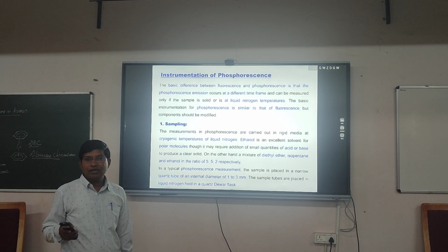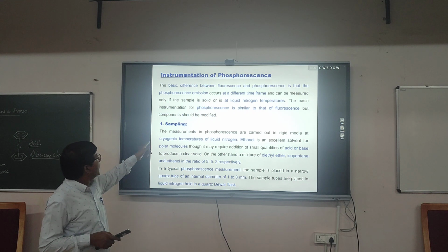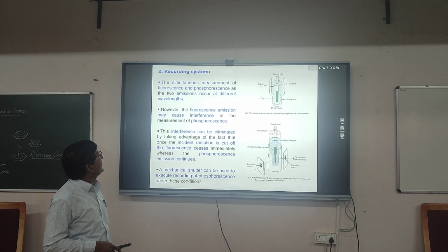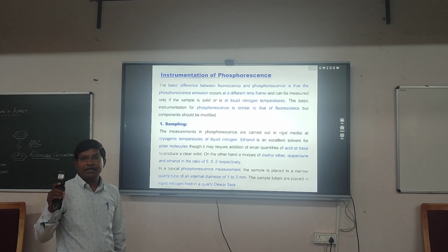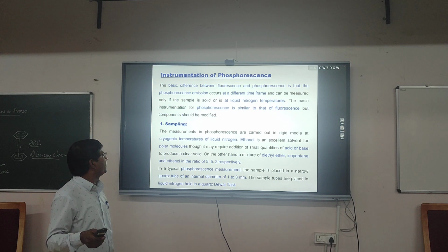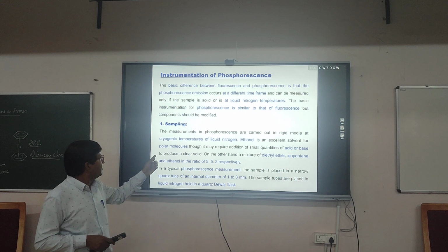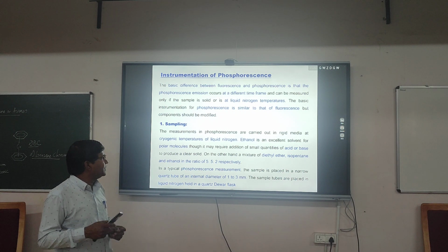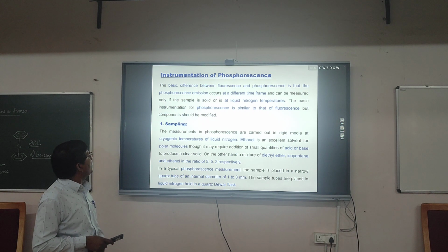The instrumentation of fluorescence and phosphorescence is the same, except the sampling and recording process. So here in phosphorescence we have the radiation source, monochromator, and sample. But what do you mean by sampling? Sampling is a process by which we can measure the fluorescence process.